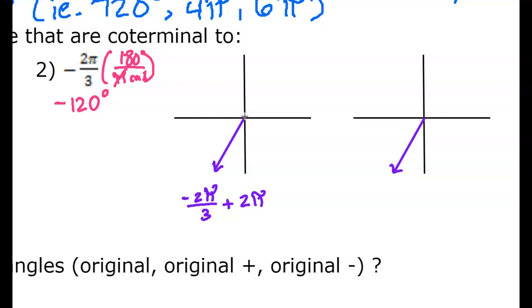Right, yes. Right now you have a fraction plus a whole number, so they can't be combined. What we have to do is make that second term a fraction with the exact same denominator as the first one. So you multiply this by 3 over 3, creating 6 pi over 3.